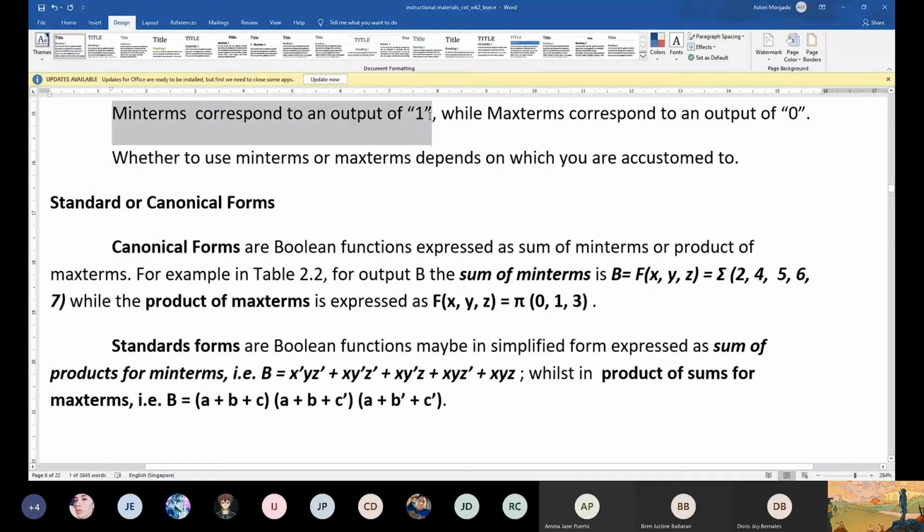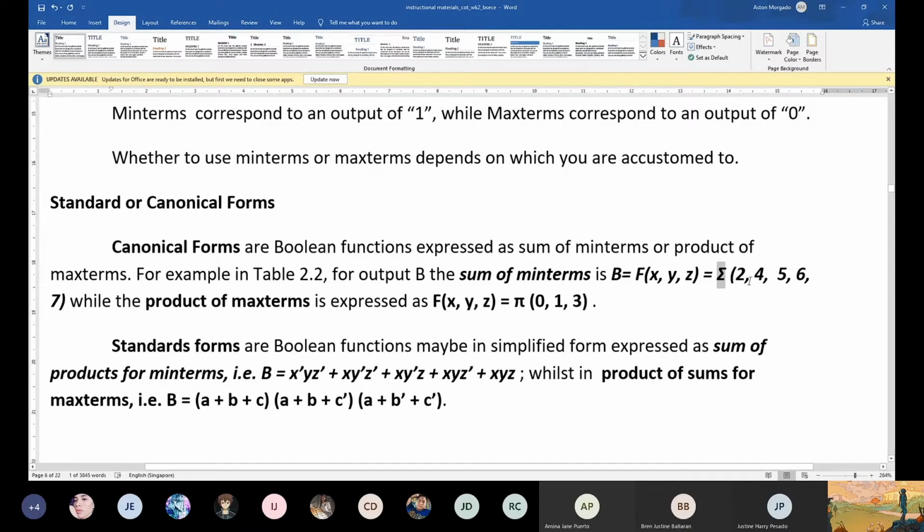Okay, so it corresponds to an output of 1. So it says here that B is equal to a function of XYZ, you have inputs too, right? Function of XYZ is equal to summation. So for minterms, we use summation of 2, 4, 5, 6, and 7.